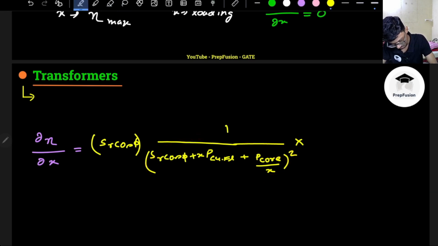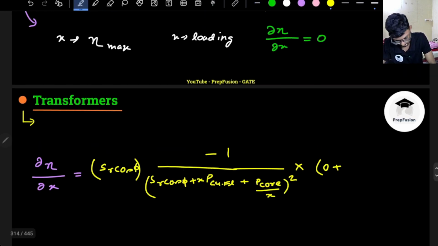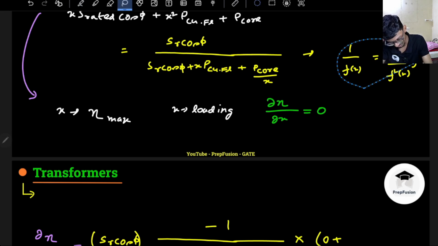So here this will be 0 because this is a constant number, and there will be a minus sign because this is just a term 1 by f of x. So 1 by f of x differentiates to minus of 1 divided by f square of x into f dash of x. I hope you remember the chain rule and all those things.